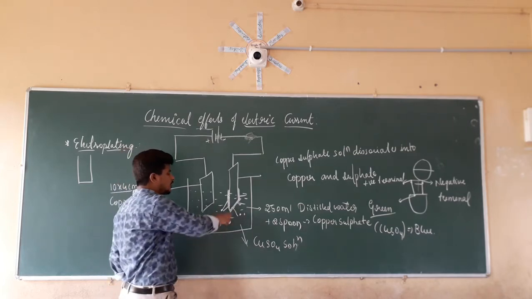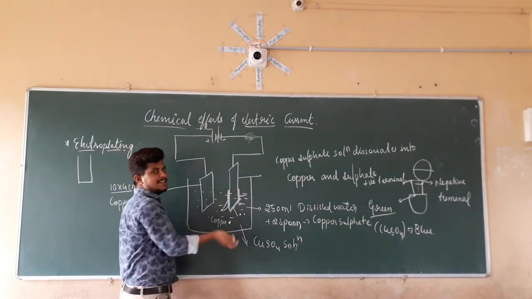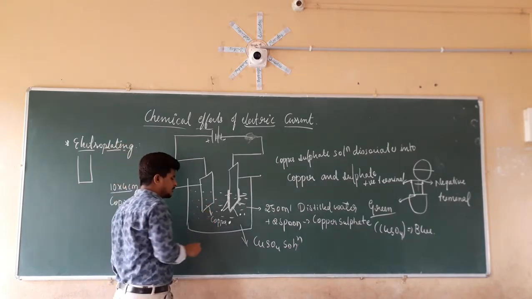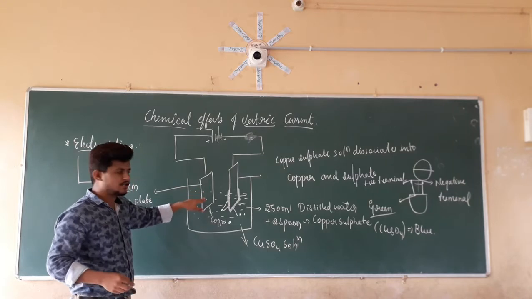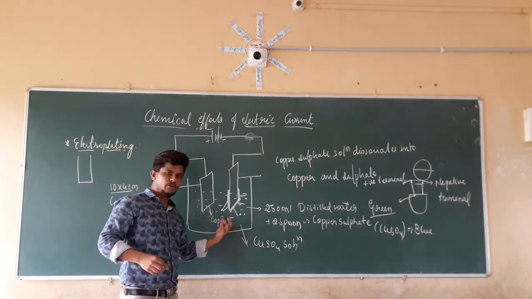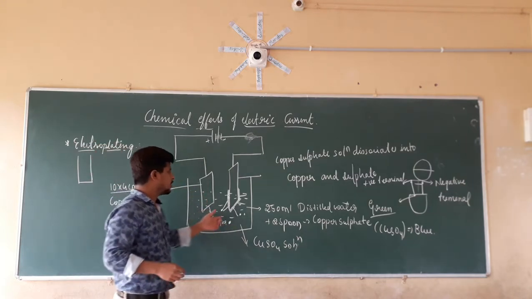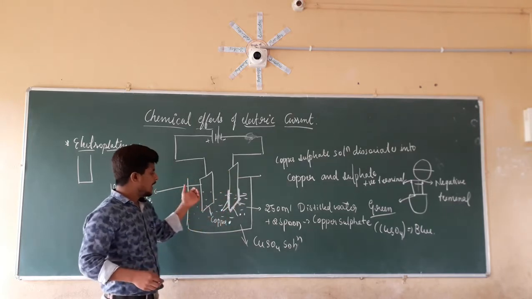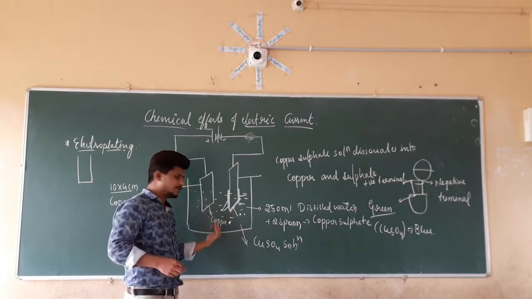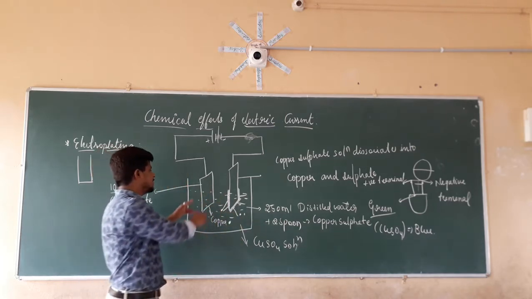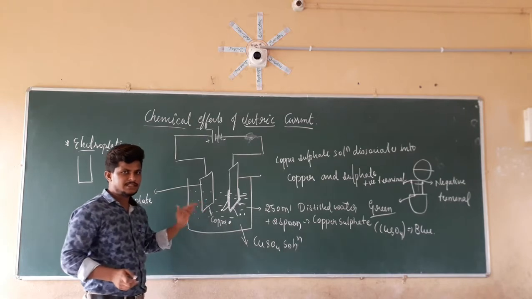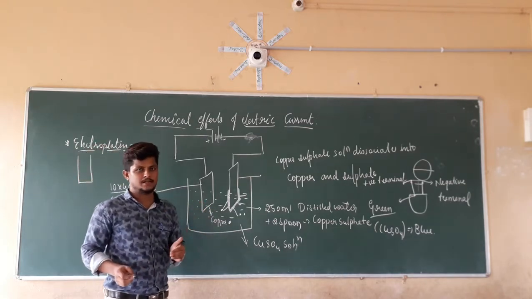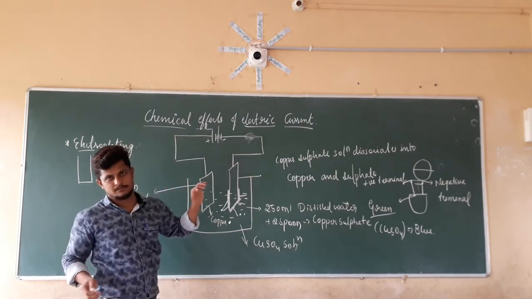So the amount of copper which is going to this electrode, the same equal amount is getting dissolved in this copper solution from this electrode. So the amount of the copper is not going to change here. The amount of the copper required here is continuously taken from this solution, and whatever the amount which is taken from this solution is again taken from this electrode. So this is about copper plating, or electroplating.